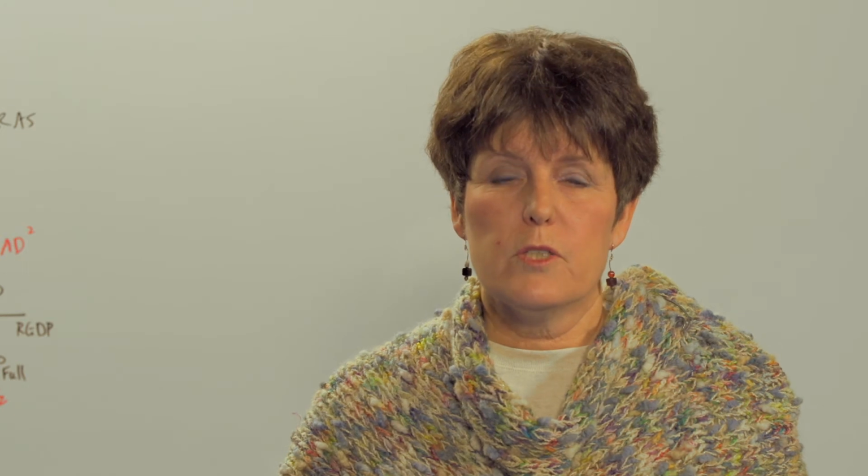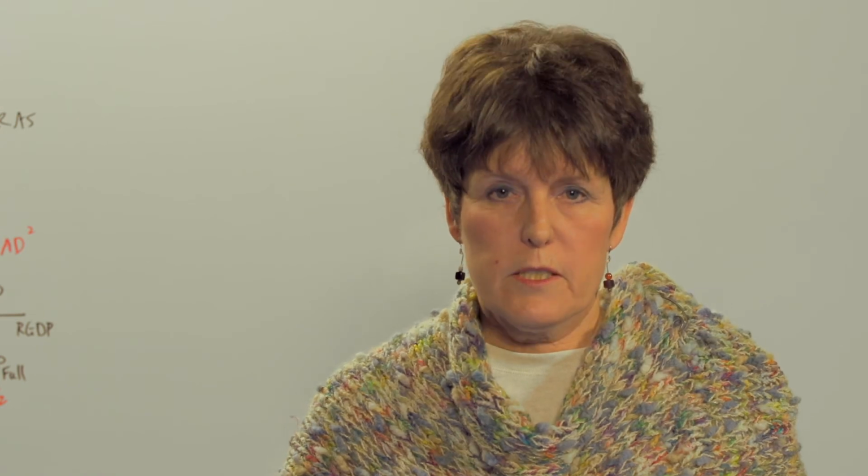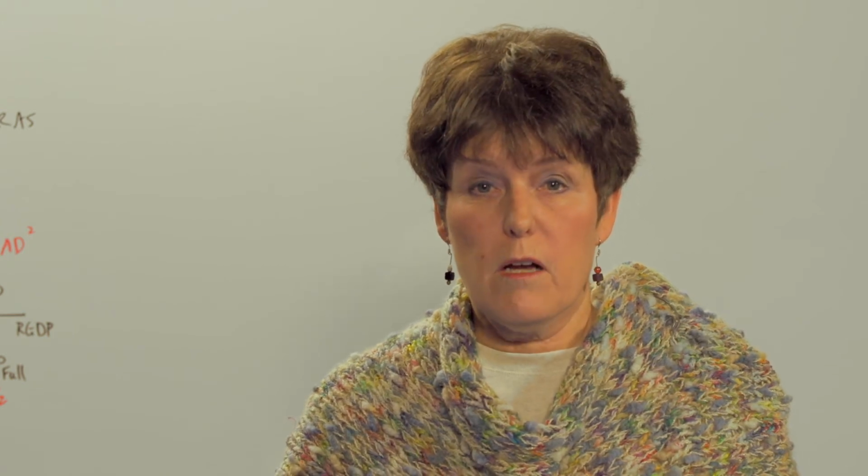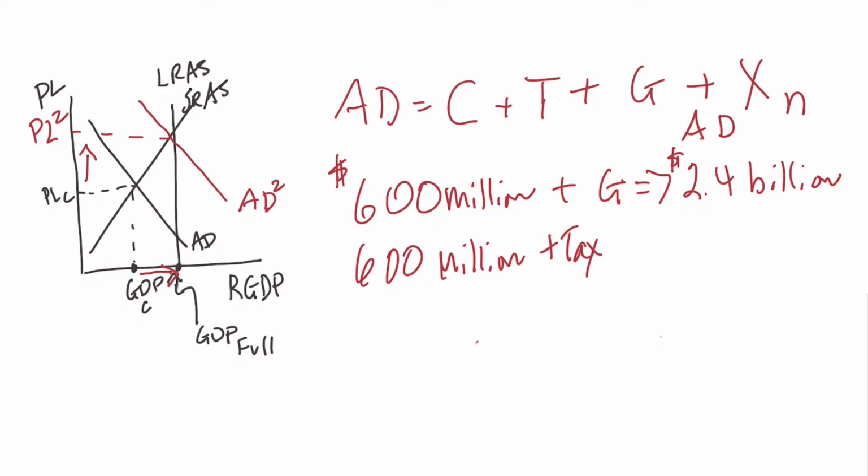We know that by using the tax multiplier, we can get a maximum change in output from a $600 million tax change of $1.8 billion. In this case, taxes went up, so output could fall by $1.8 billion.